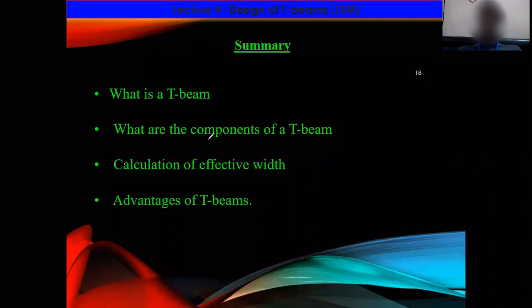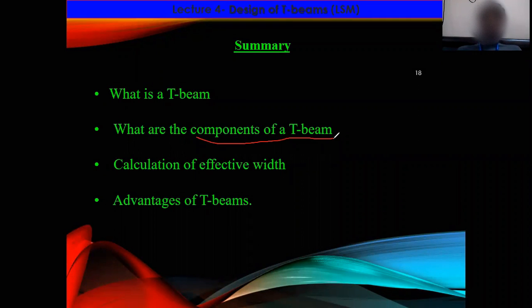And later we discussed the components of a beam, that means flange and overall depth of the beam, width of the flange, thickness of the web, width of the web, thickness of the flange. And again we discussed what is meant by actual width of the flange and what is meant by effective width of the flange.